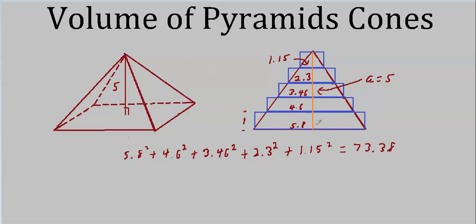We can create or stack a bunch of boxes, which we now know would be called rectangular, or in this case, square prisms. We have a square pyramid here. I probably should have mentioned that. This is a square here.